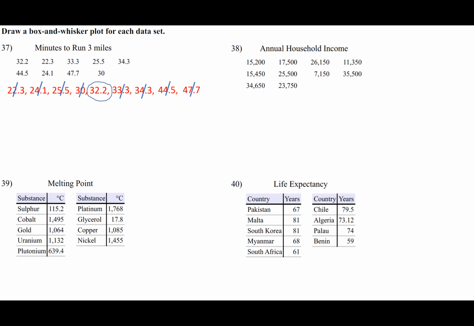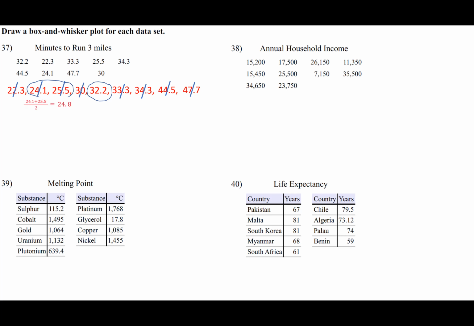And then we talk about quartiles as well. Now looking at the four numbers on the left, if I want to find out the lower quartile, the number right in between my bottom numbers, my lower quartile will have to be in between 24.1 and 25.5. The way I find out which one is between them, I add my numbers and divide by 2.